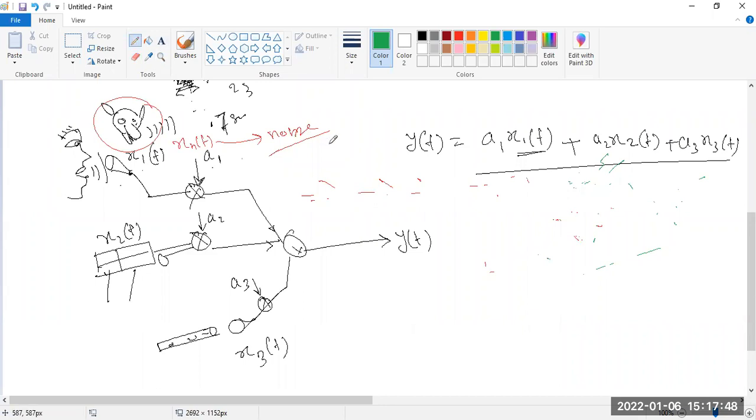Okay, so this is your noise. Whenever we represent this noise signal also, we have to consider this.